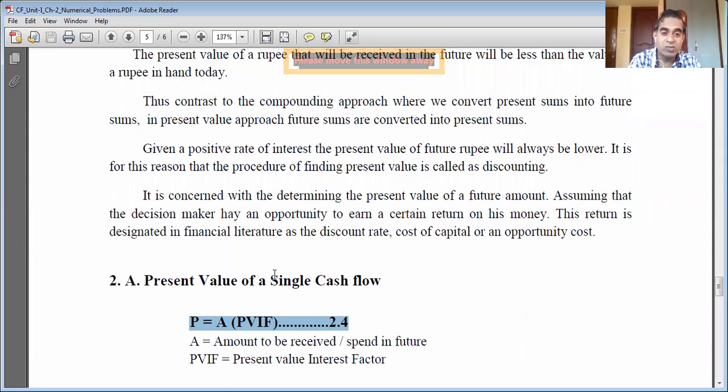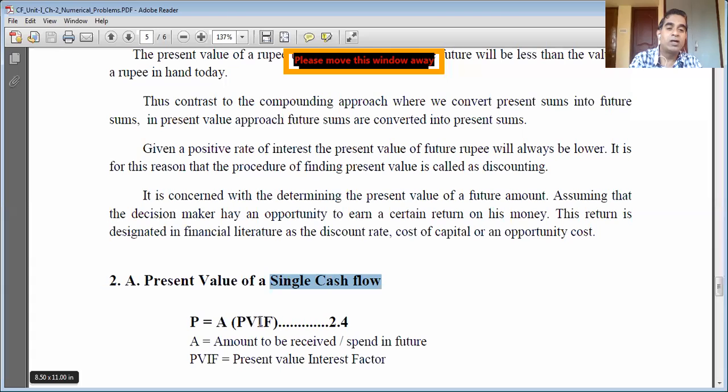See, the single cash flow, what I'm talking about in the discounting technique, I'm going to receive this in future. So I'm going to find its present value by discounting it. That is the discounting technique. So P is equal to A into bracket PVIF, where A is the amount to be received or spent in future.